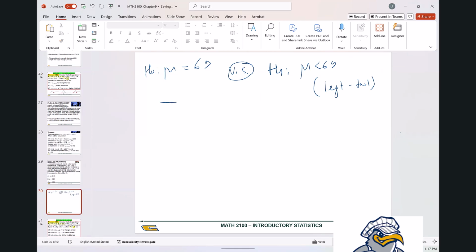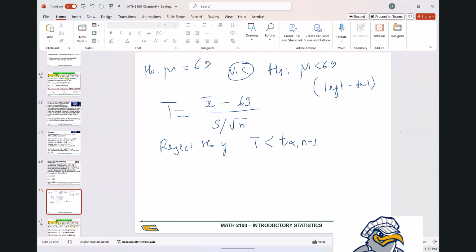So you need to calculate T, which is X bar minus mu naught, which is 69 in this case, divided by S over the square root of n. You reject H naught if T is less than T alpha, n minus 1.